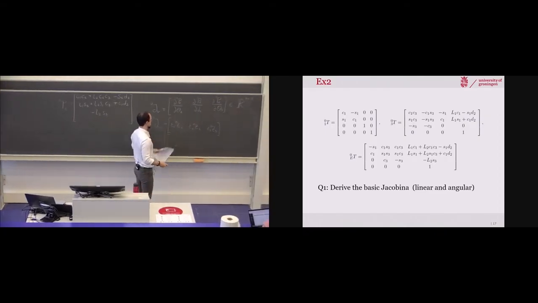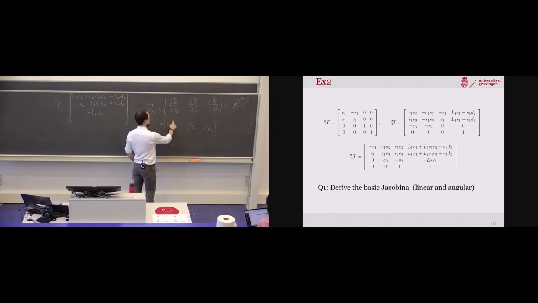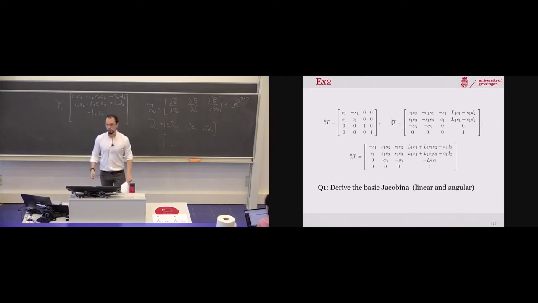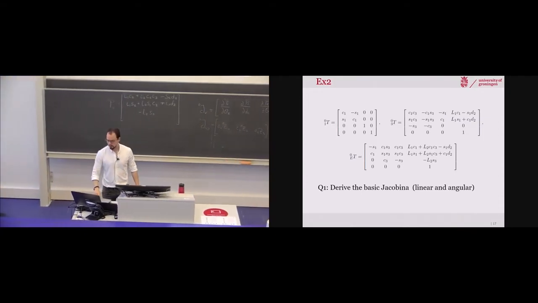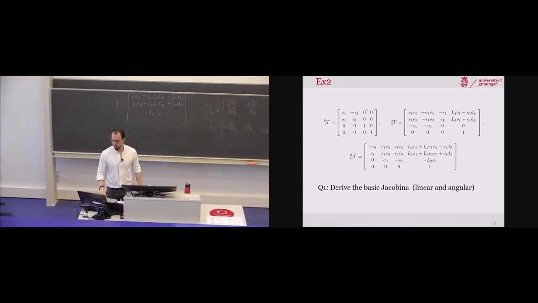Therefore, this one is 1 times Z, the axis. I will obtain it as the third column of the rotational matrix in the transition matrix T from 0 to 1. Therefore, it is exactly this column that is 0, 0, 1.